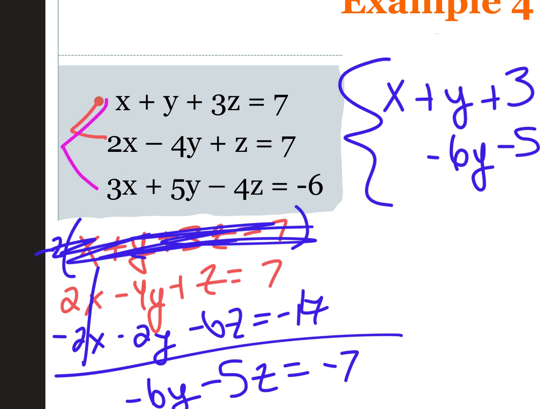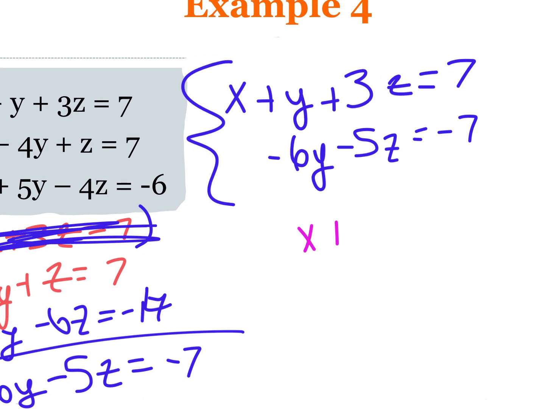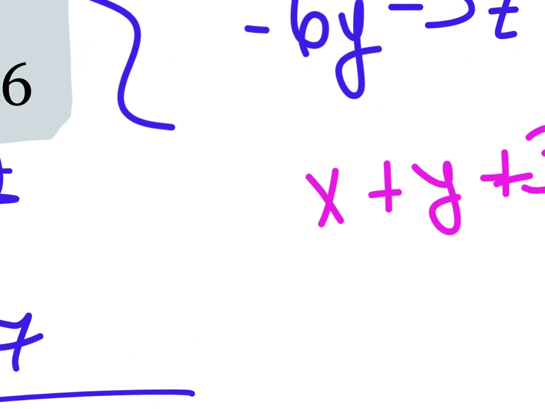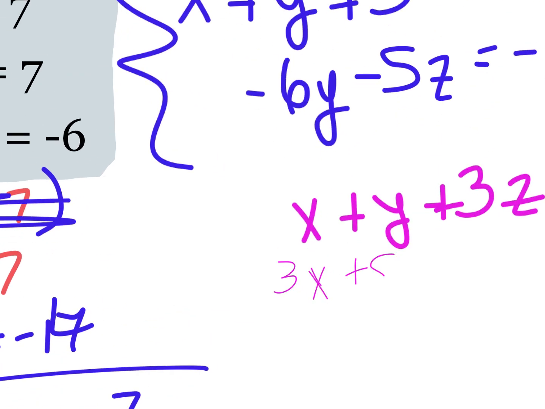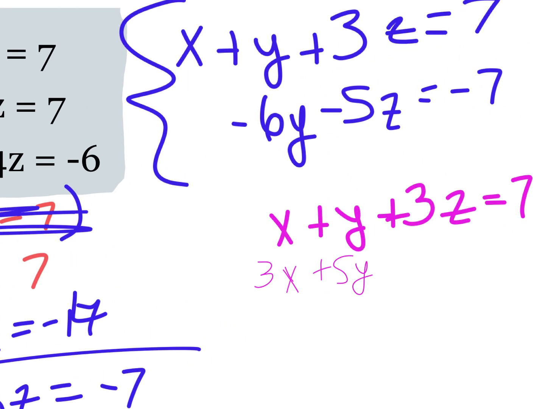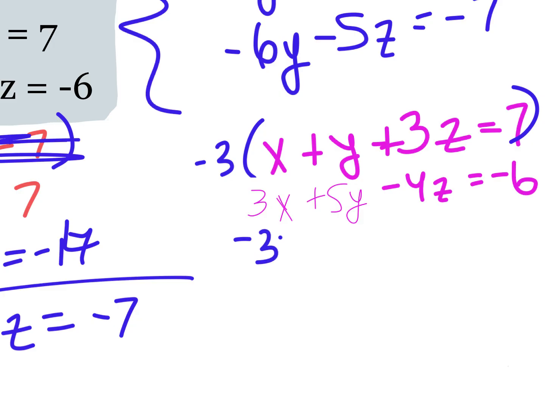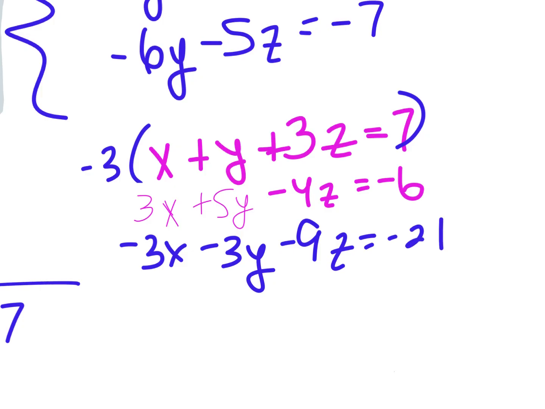We're going to take 1 and 3 and combine them. So x plus y plus 3z equals 7, and then 3x plus 5y minus 4z equals negative 6. I'm going to multiply my top equation by negative 3. We have negative 3x minus 3y minus 9z equals negative 21.